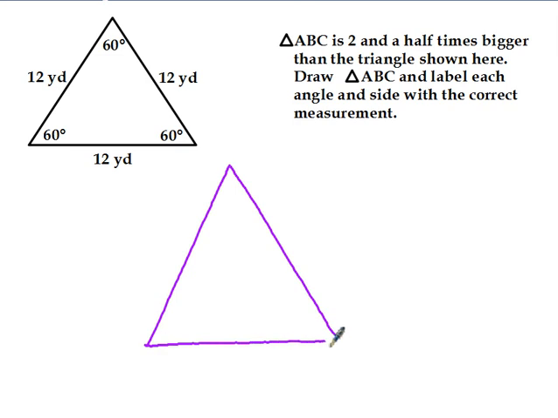Remember, angles are equal. So this is still going to be 60, 60, 60. And all three sides are still going to be the same. Just to figure out what they'll be, I'm just going to take 12 times 2.5. 12 times 2.5 is 30. So that just means each side is going to be 30 yards.